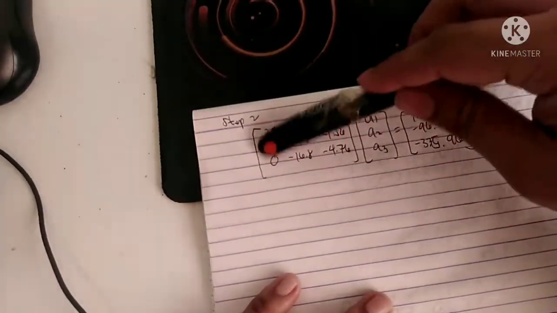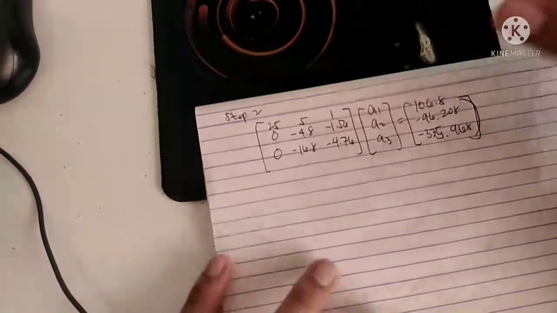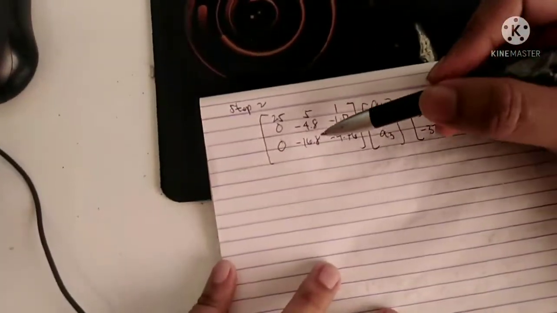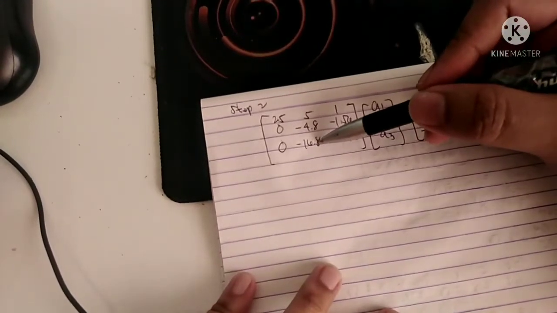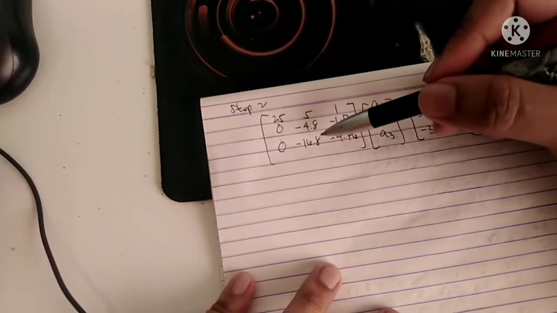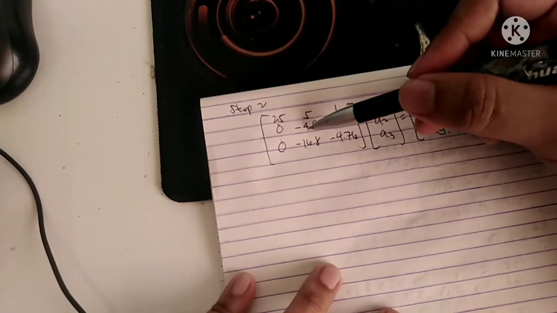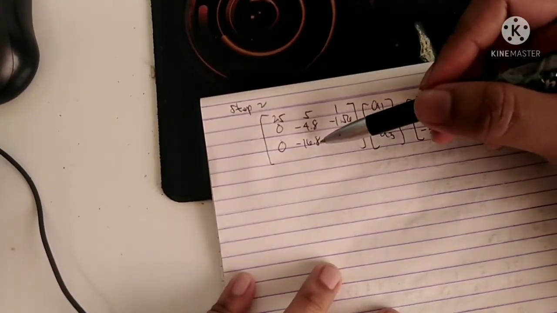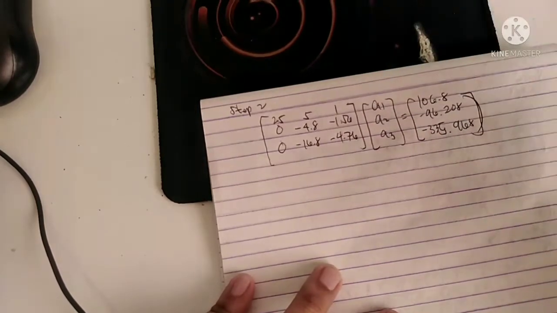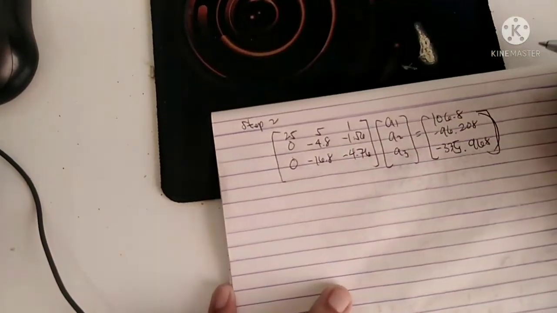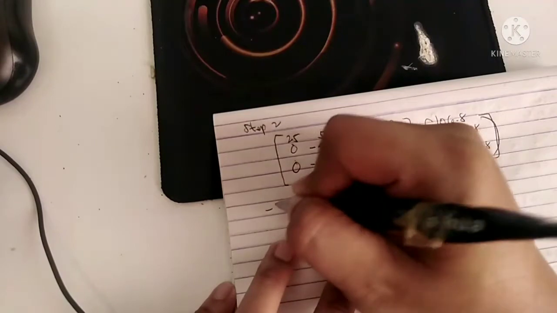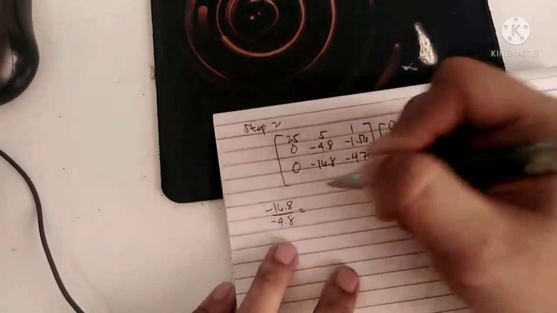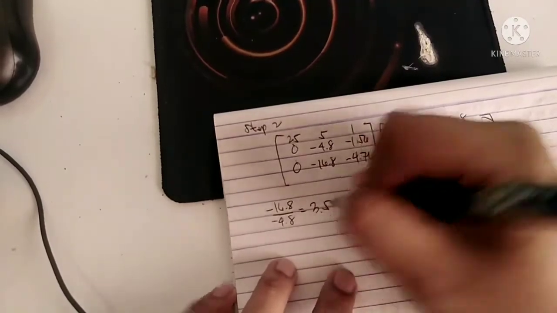As you can see, we're finished with step 1. So let's proceed with step 2. In step 2, we're going to find a way to zero this one. So by doing that, we multiply row 2 by the multiplier, negative 16.8 divided by negative 4.8. This will be 3.5.